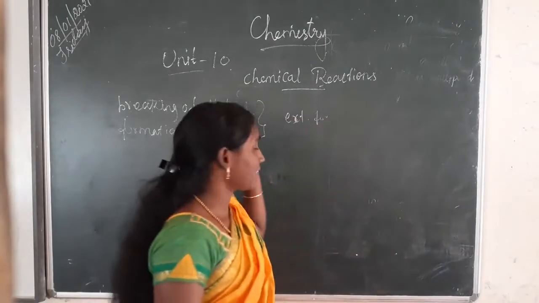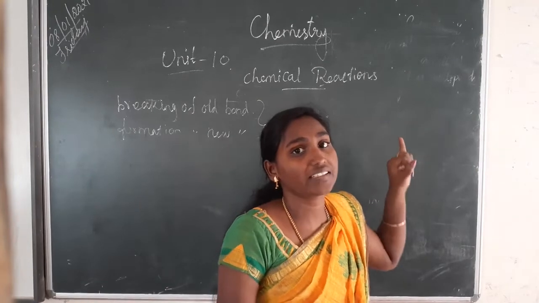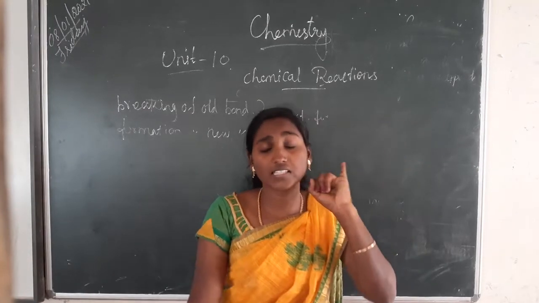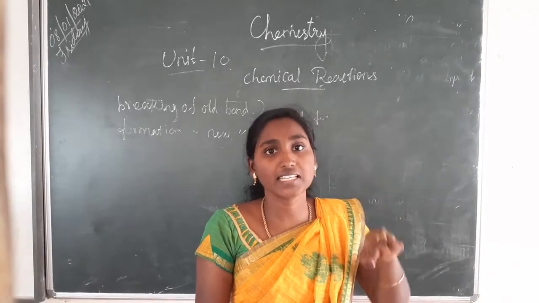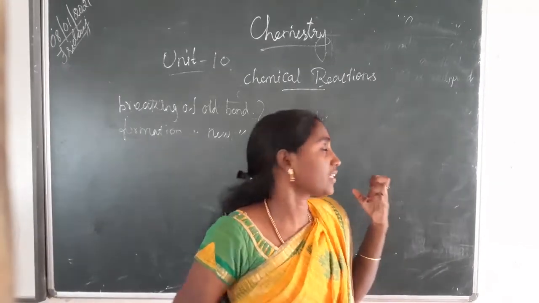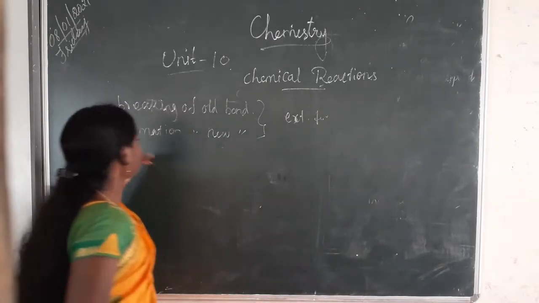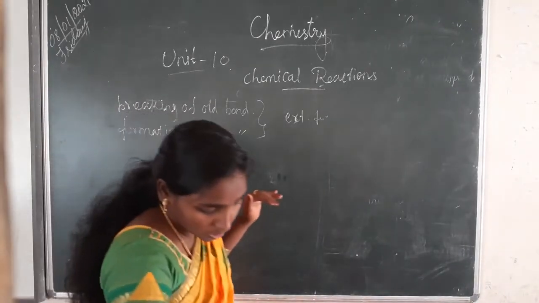Examples of chemical reactions: rusting of iron, burning of wood, milk changing into curd. More examples we can write.